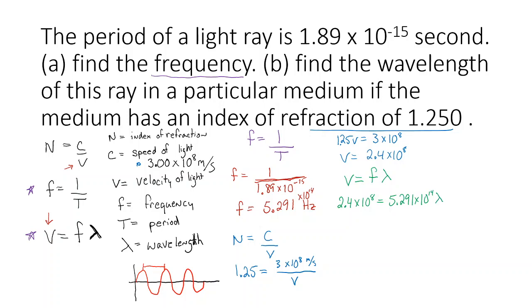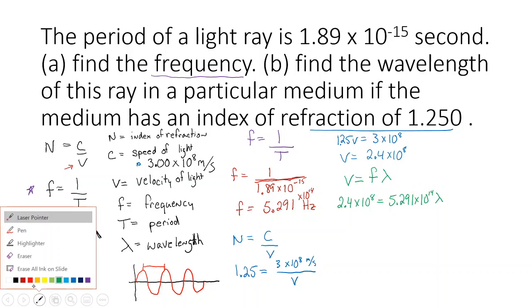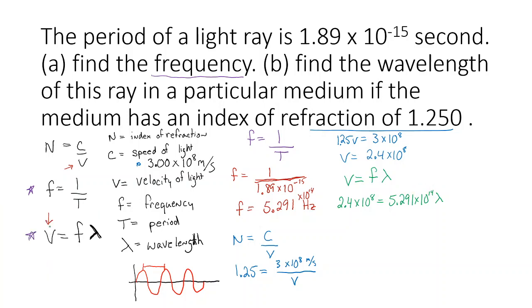So now, just by doing a visual inspection of what's going on right here, if I take the 8th power and divide it by the 14th power, I'm going to get a very, very small number. And that's what I'm supposed to be getting. So what I want to do is 2.4 times 10 to the 8th, divided by 5.291 times 10 to the 14th, equals the wavelength.